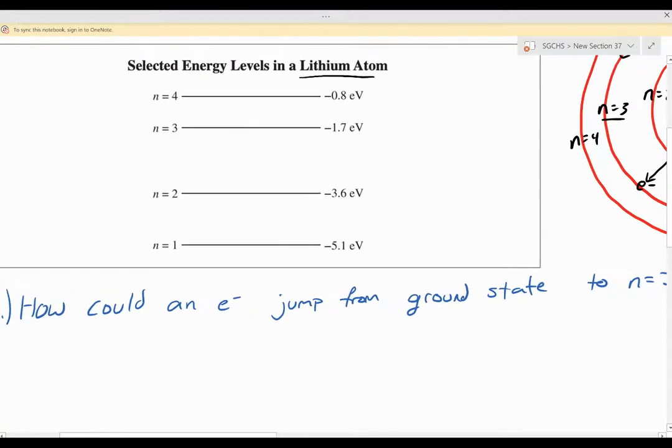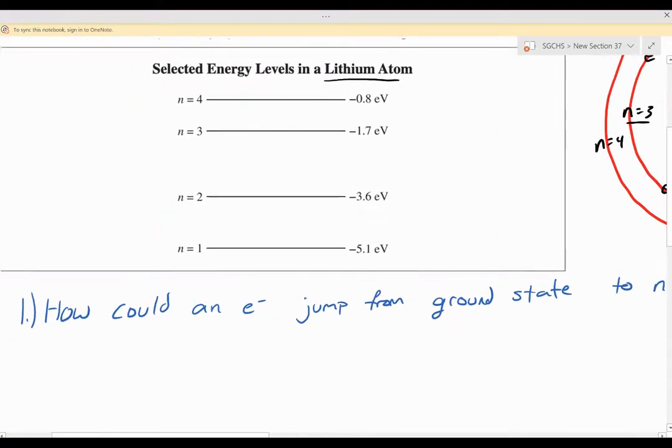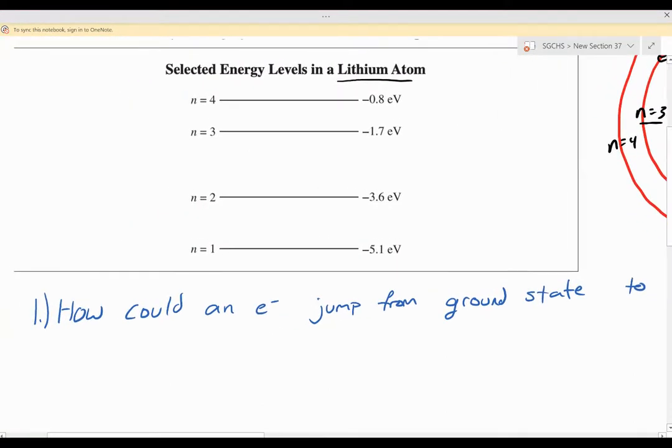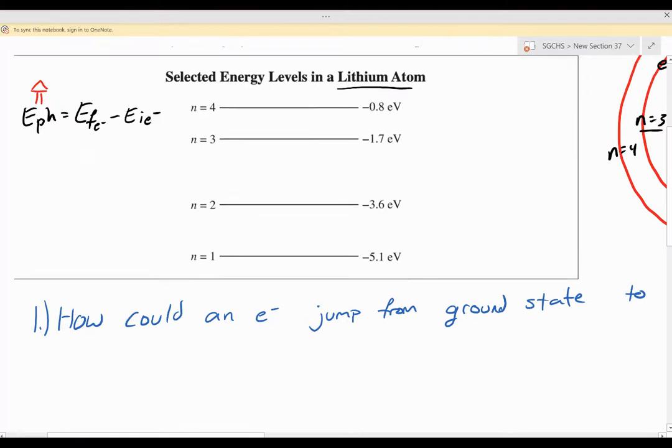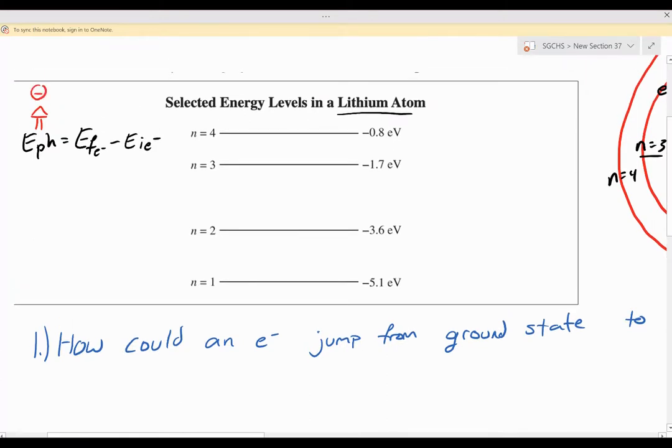Now, you're going to start to realize we're going to use this equation of our E photon equaling our final state of our electron minus our initial state of our electron. Something that often confuses people is based on the fact that sometimes your energy of your photon is negative, which hopefully you understand is kind of impossible.